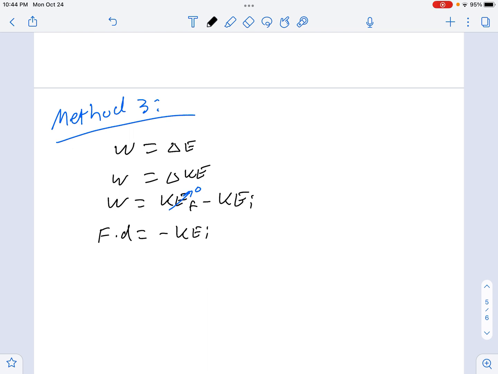Now, that's just a specialized case of work, so a less specialized case would be F d cos theta. An even less specialized case would be F dot D or F dot S. But again, this is the original version of what we learned about work. So this is the simplest case mathematically. Now the caveat is that if we use force times distance, this is really just average force.